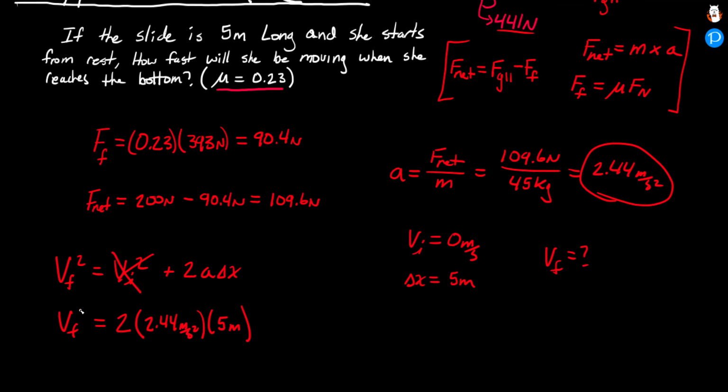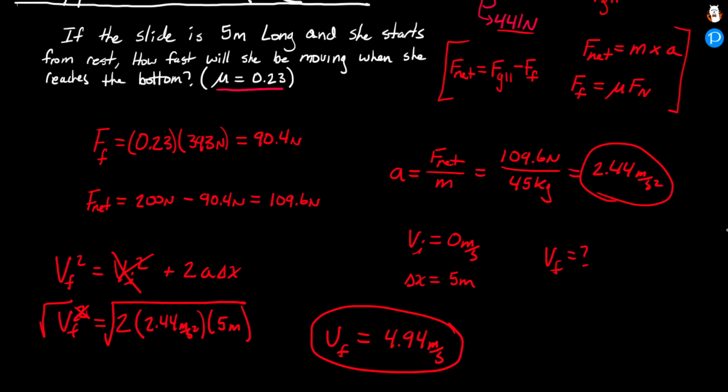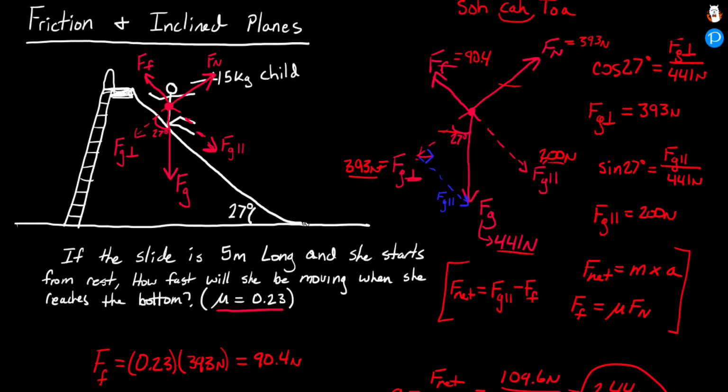Now, this is final velocity squared, so I'm going to have to take the square root of that to get rid of that squared. And so final velocity, we crunch the numbers, 2 times this times 5, take the square root of everything, and we get 4.94 meters per second. So that's how fast she would be moving once she reaches the bottom of the slide.